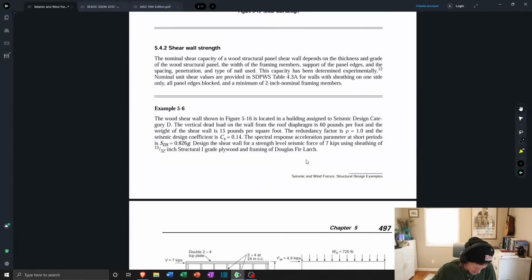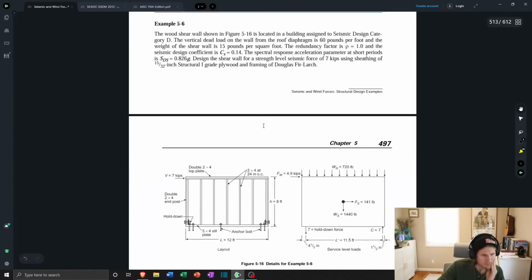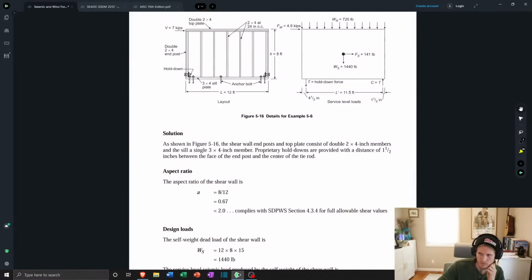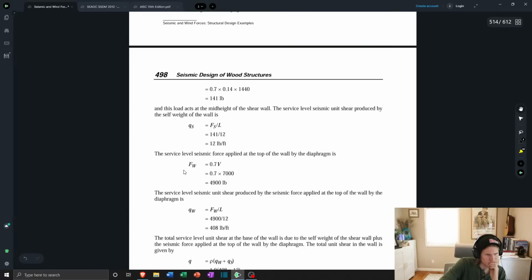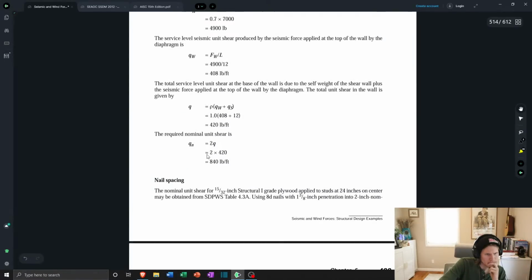For the footnotes in the wood frame shear walls, it's going to get you 510 PLF capacity, which is greater than the demand of 420. That's good.